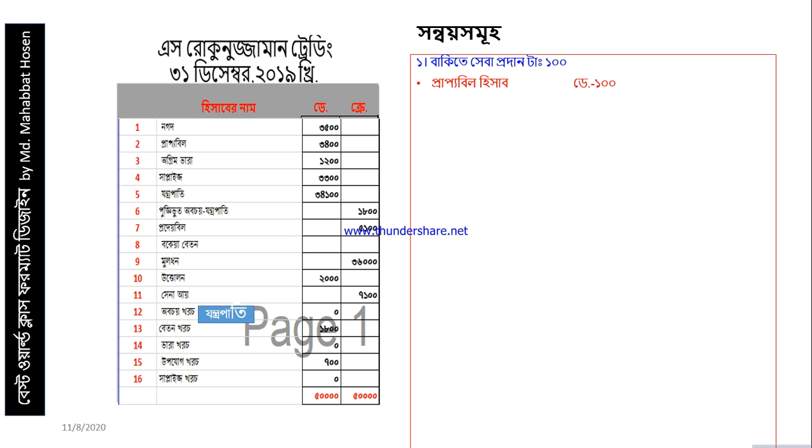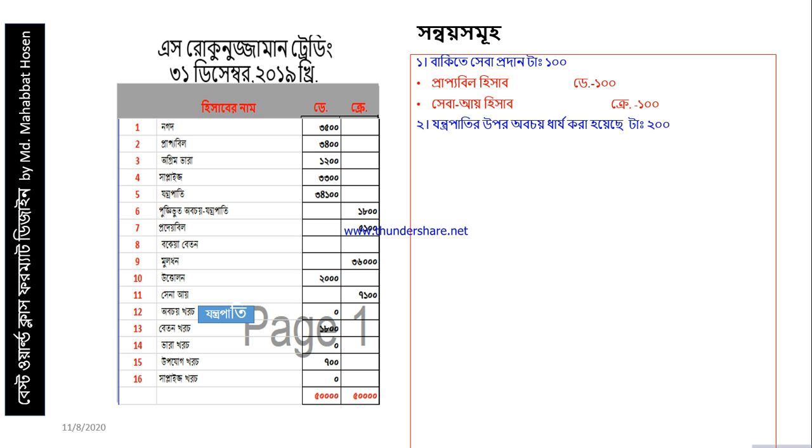Accounts receivable will be debit 100, and service revenue has also increased as income has occurred. So income has increased. This is why we have to increase income by 100. So service revenue will be credit. Accounts receivable will be debit. Asset has increased, income also has increased. So asset debit, income credit: accounts receivable debit, service revenue credit.